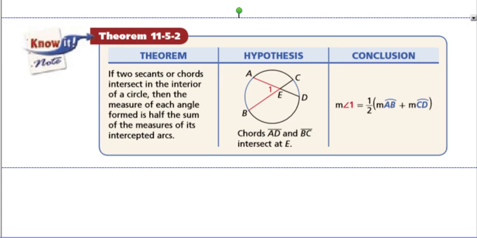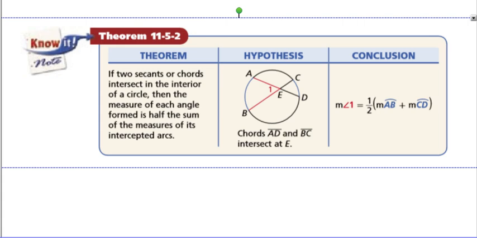Another theorem: if two secants or chords intersect in the interior of a circle, then the measure of each angle formed is half the sum of the measures of its intercepted arcs.